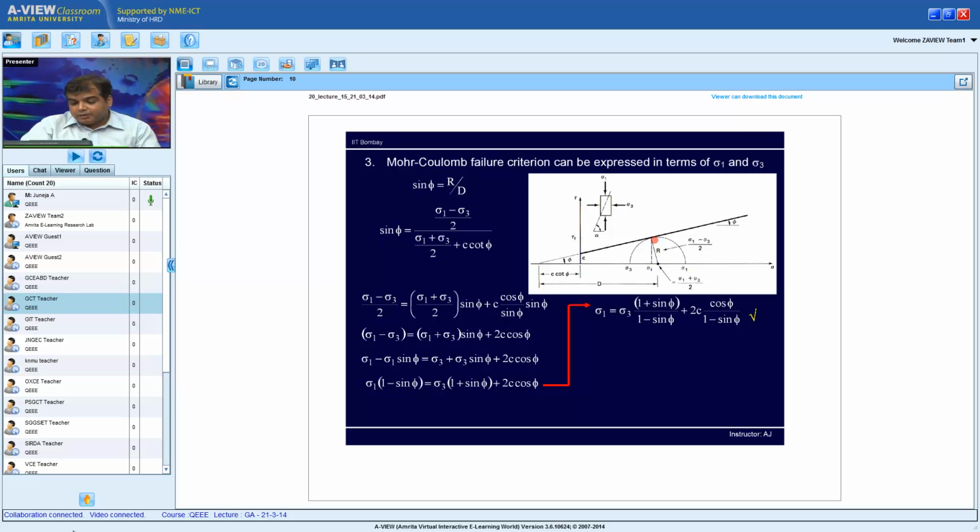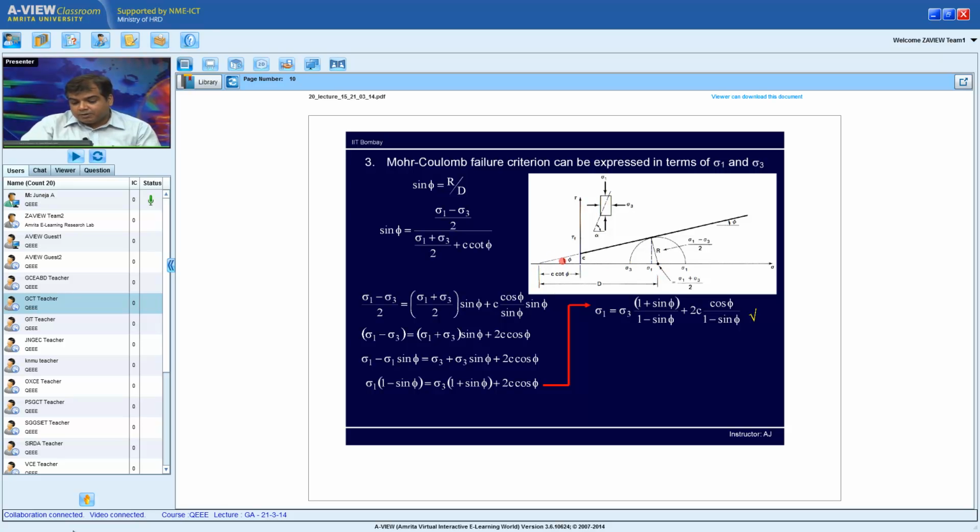Let me go back to this circle again. I have a radius which is normal to this envelope, and if I look at this big triangle which is formed, this is perpendicular, the other thing is hypotenuse.